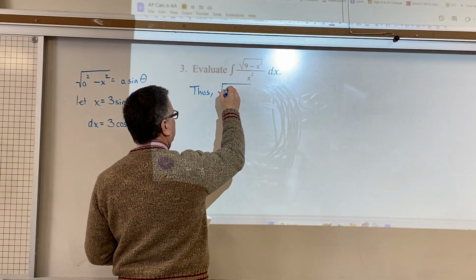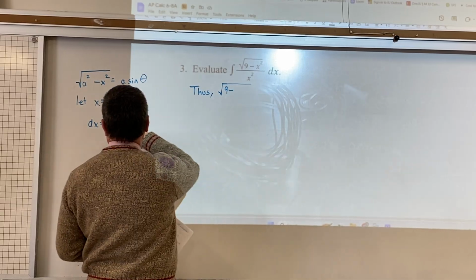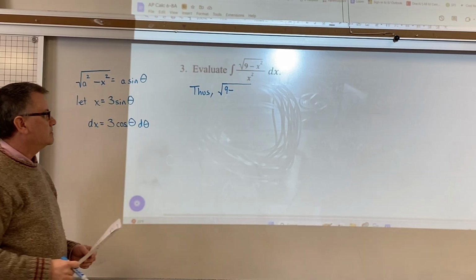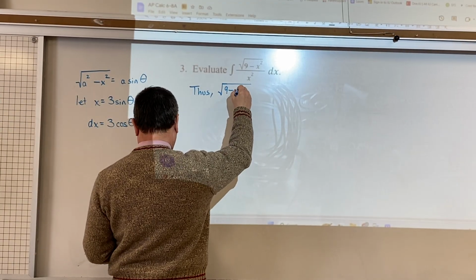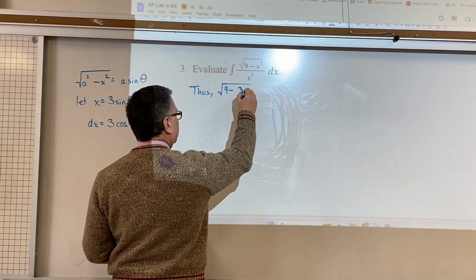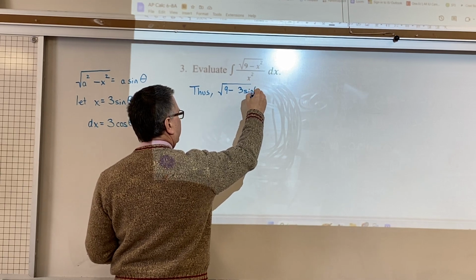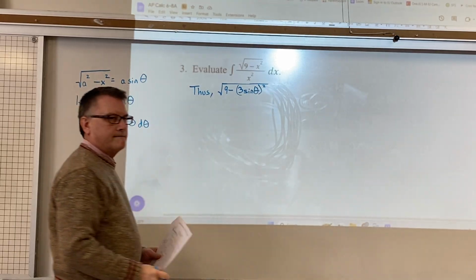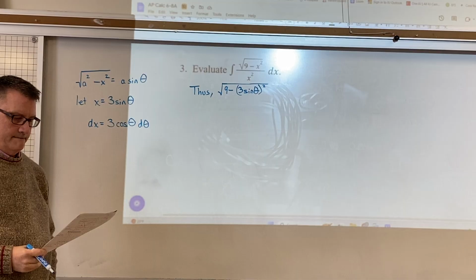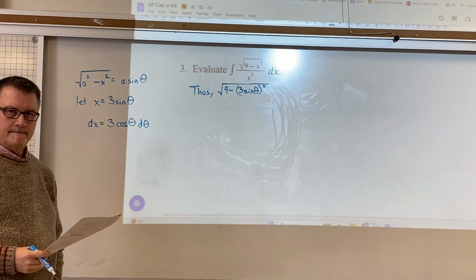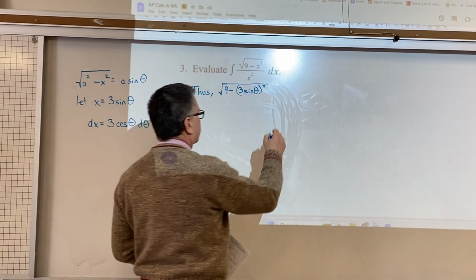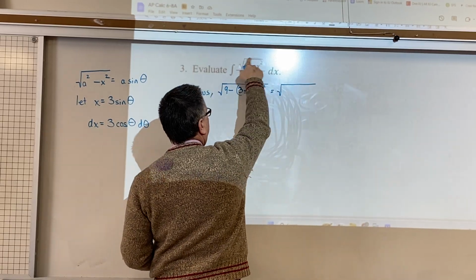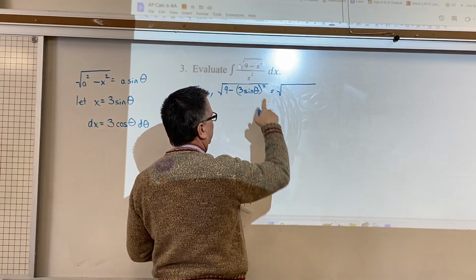Using this substitution, I said x is 3 sine theta, right? And that gives me just the top part, because it's the top part I'm focused on right now, because it looks weird. That bottom doubles.